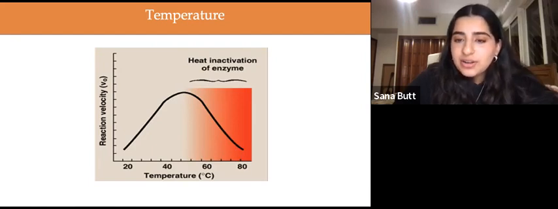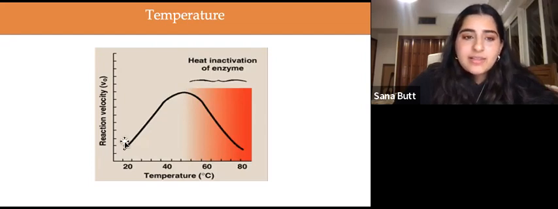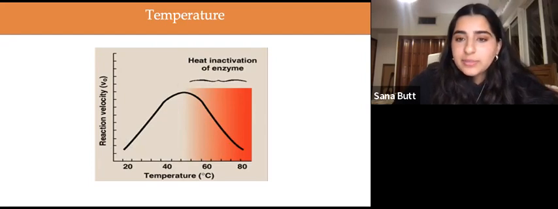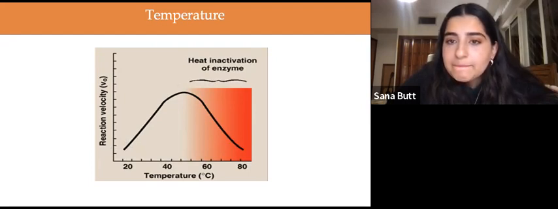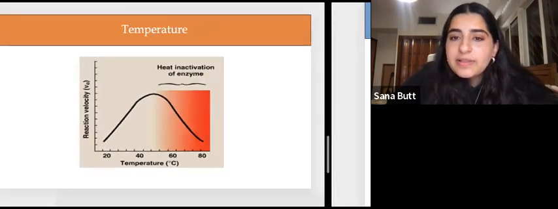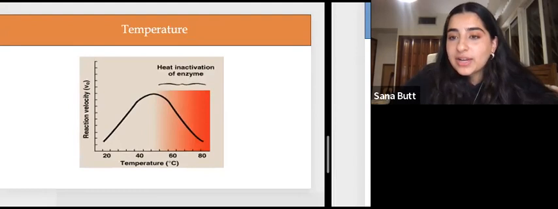Okay, so Q10 on your slides basically says that there's a 10 degrees Celsius rise that, let me open it up for you guys and see if I can add it. Okay, so it's your temperature coefficient: the increase in the reaction rate with a 10 degrees Celsius rise in temperature.